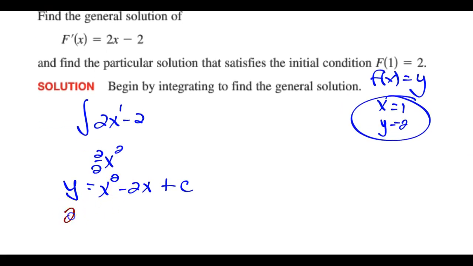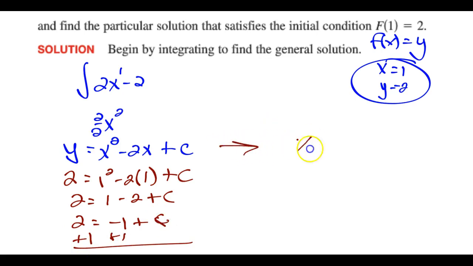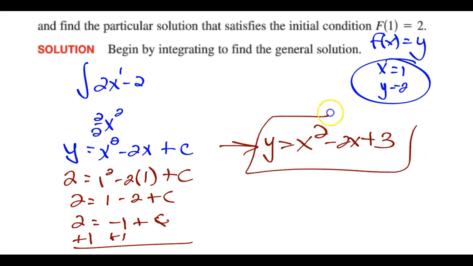So 2 is equal to 1 squared minus 2 times 1 plus c, which is 2 equals 1 minus 2 plus c. I'll keep working down. Negative 1 plus c, and add 1 to both sides and get c equals 3. So I'll write the final equation, x squared minus 2x plus 3 for my function.